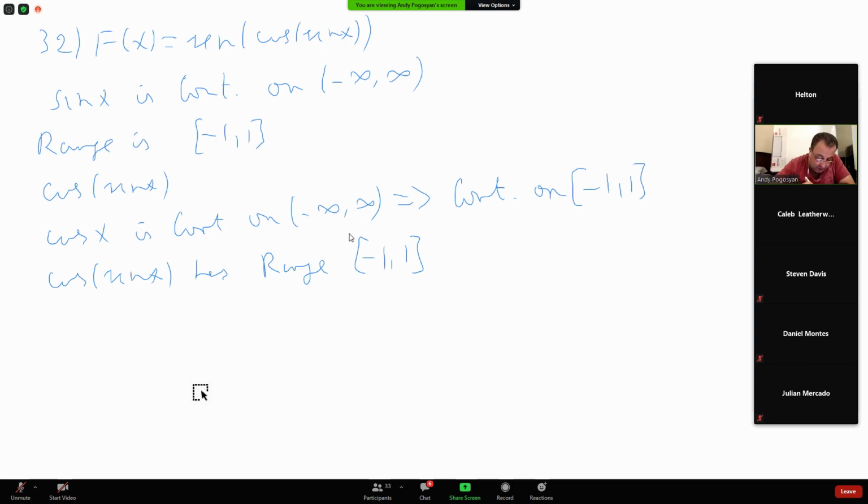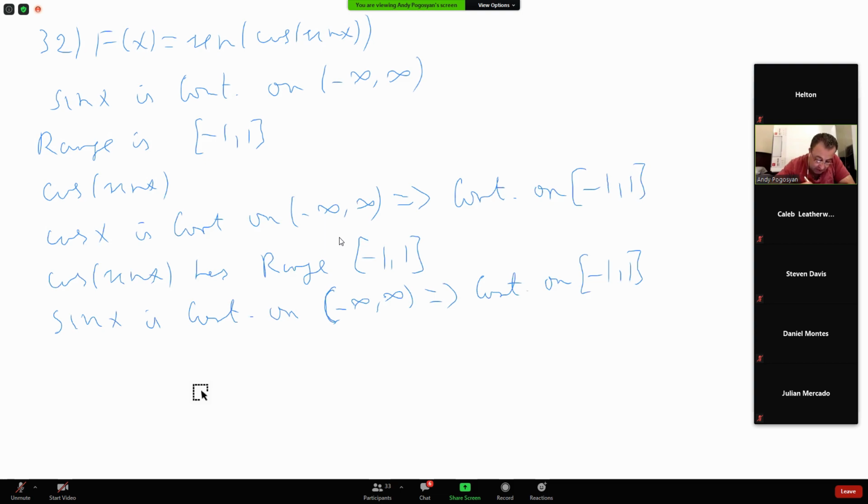And we already said sine x is continuous on negative infinity to infinity, which implies continuous on negative 1, 1.